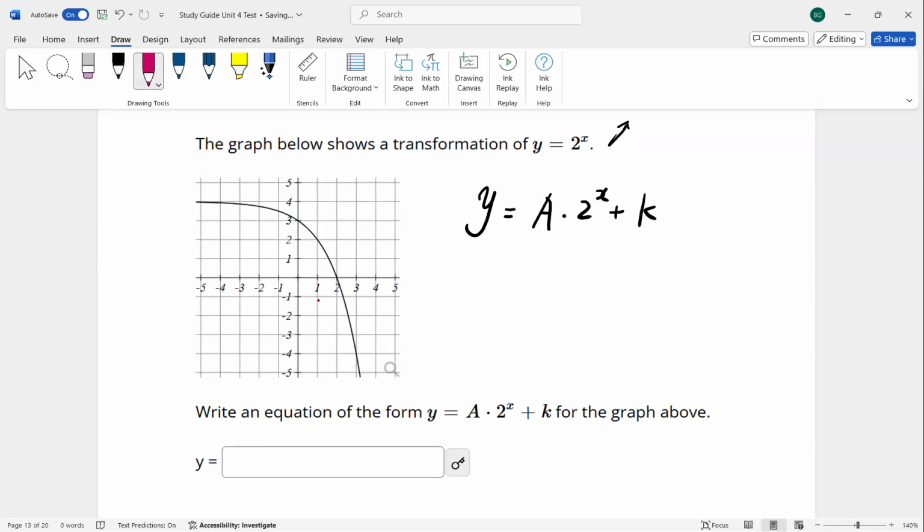It has been flipped to 0, 3. It has been reflected with respect to the x-axis, right? And then go down 1 unit. Go down 1, 2, 3, 4, 4 units. It's supposed to be here.